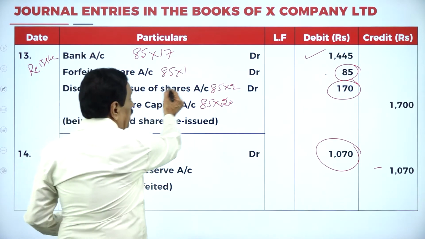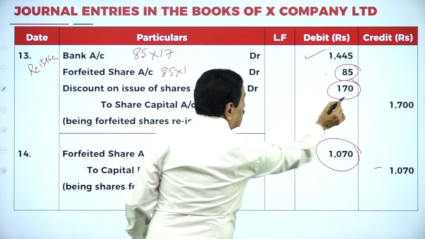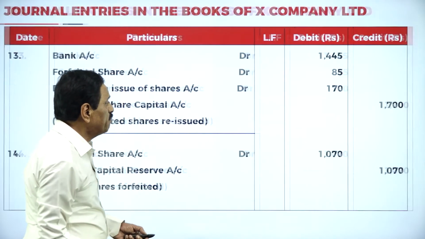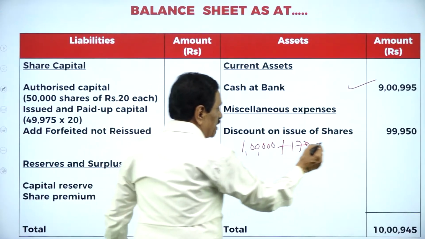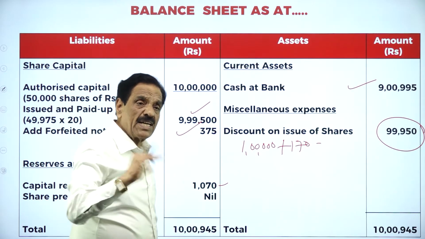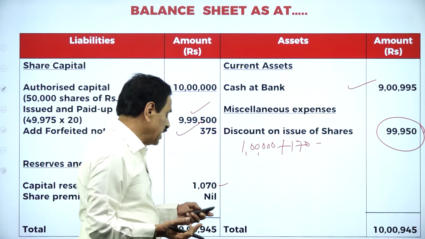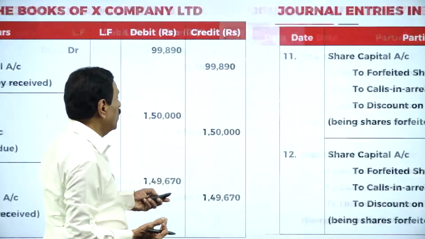Then forfeited share, discount is 170. Here, cash at bank, the difference will come, 99,950. Debit entry, credit entry will be passed. If you want, I can explain once again. Here, you must be careful. If you could not follow, I will explain.